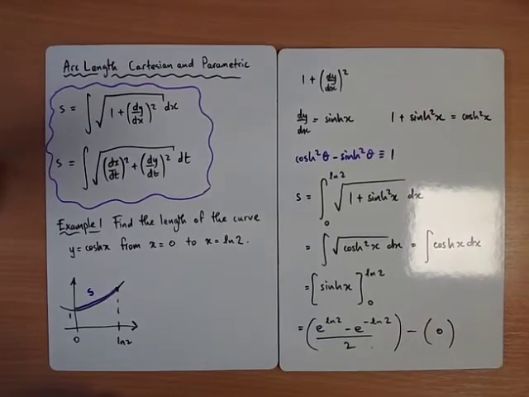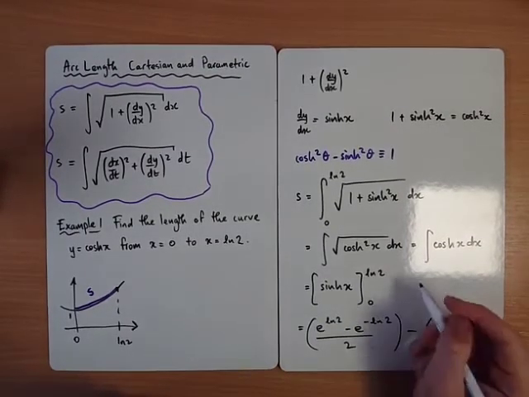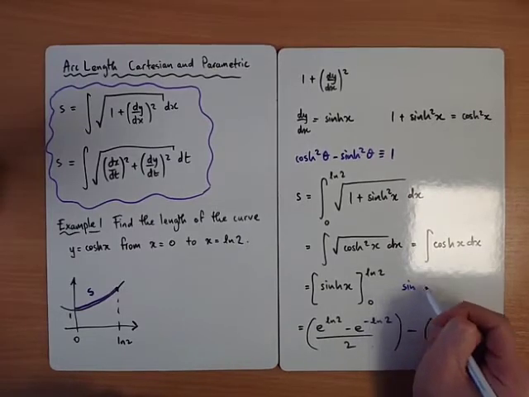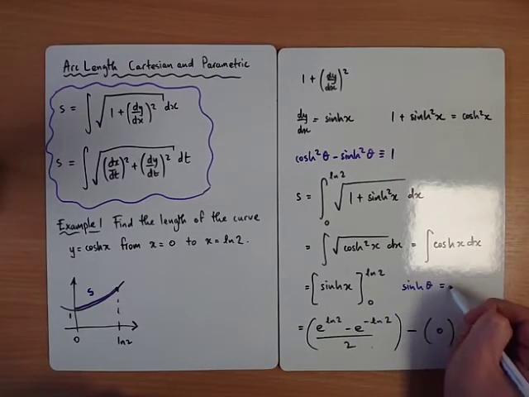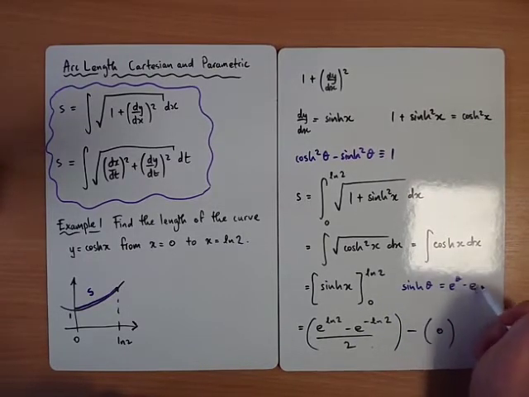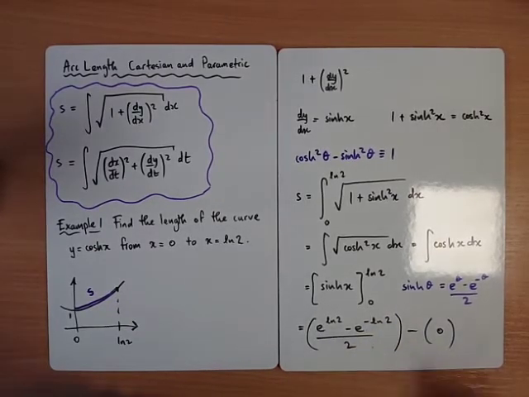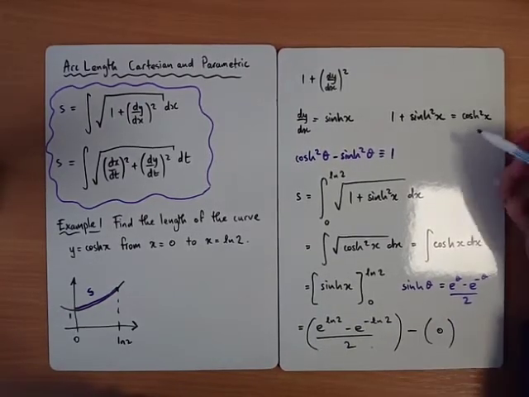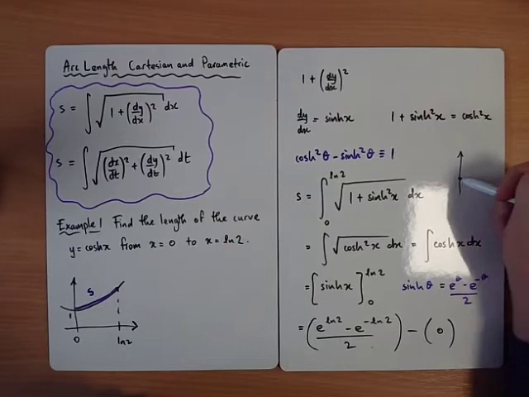Now obviously we know the identity for sinh theta is e to the theta minus e to the minus theta over 2. So when we sub ln2 into this, it'll tidy up. I also know that sinh of 0 is just 0. Hopefully by now we'll know this, but just think about the graph.